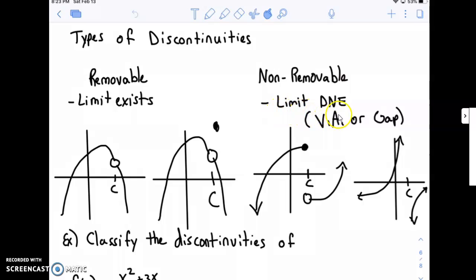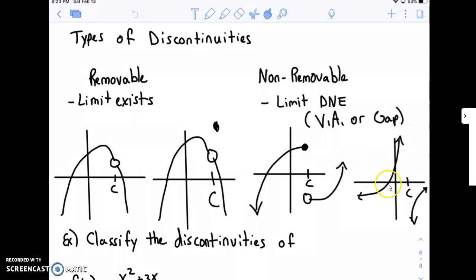The limit does not exist. Remember when we have these vertical asymptotes, even if it was approaching the same direction, we'd say the limit went to positive infinity, the limit still wouldn't actually have a limit. We're just describing why it doesn't have a limit in that case.